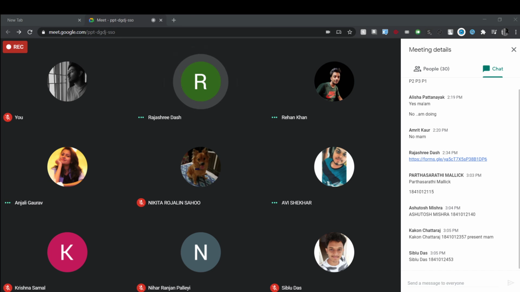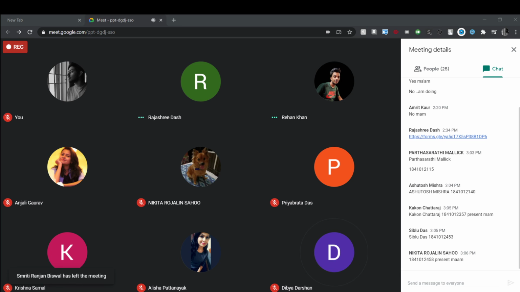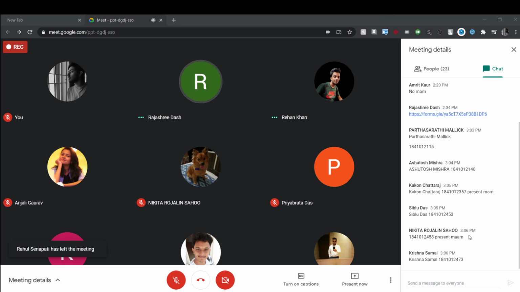Anjali Gaurav, present, ma'am. Alisa Patnaik, present, ma'am. Divya Darshan, present, ma'am. Aditya, present, ma'am. Diksha Kumari, present, ma'am.